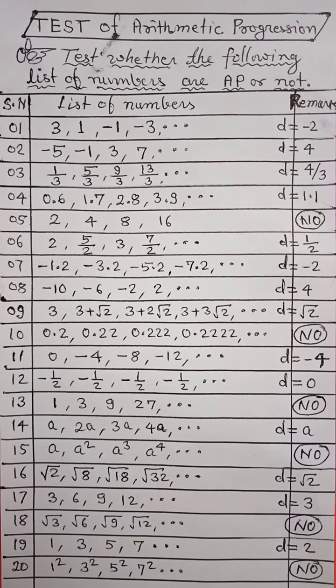So let us recapitulate all the things. What is a sequence? A sequence is a list of numbers arranged serially, or you can say a serial-wise list of numbers.